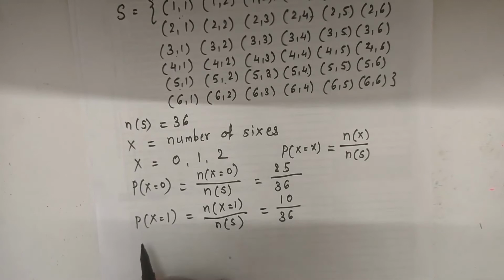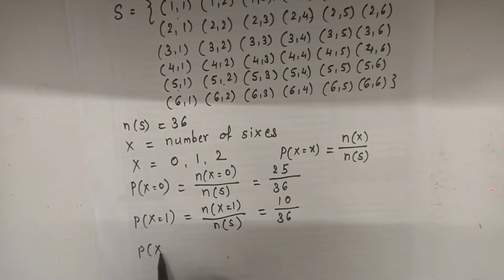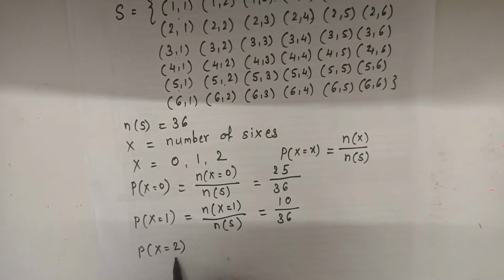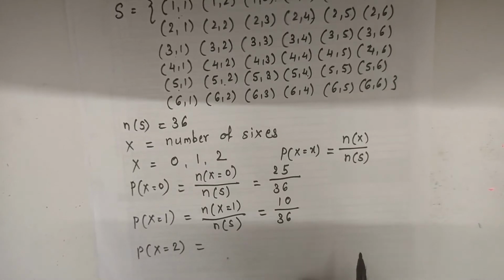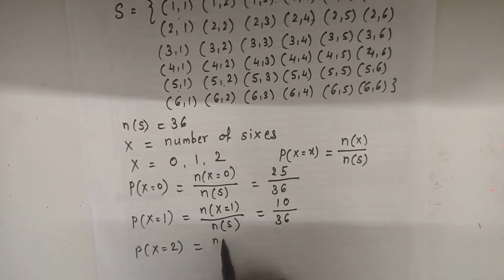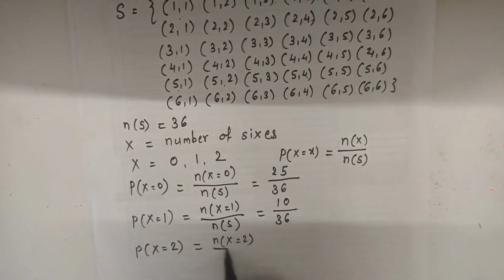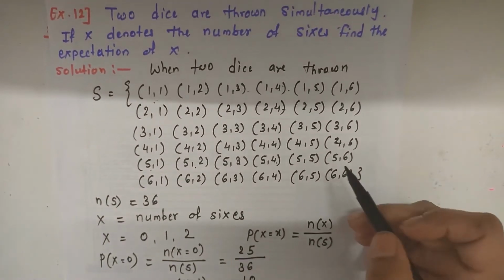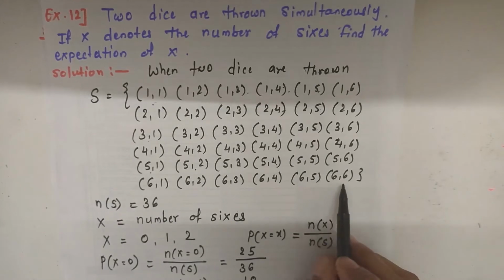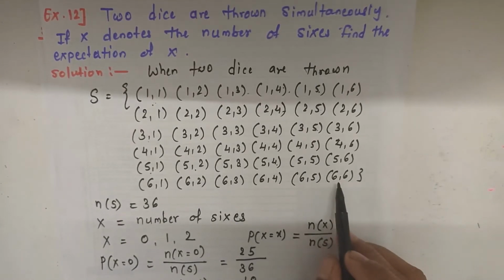Now find the probability of x is equal to 2, that is both are 6. So the number of x is equal to 2 upon the number of sample points n of S. Here there is only one pair for x is equal to 2, both are 6.